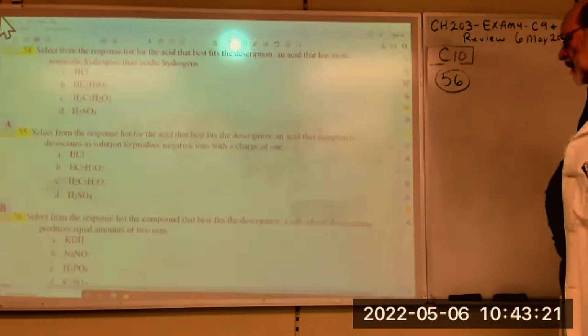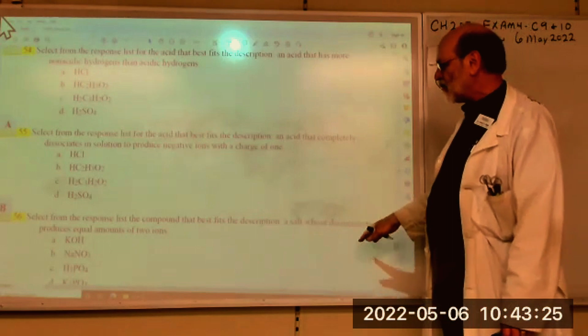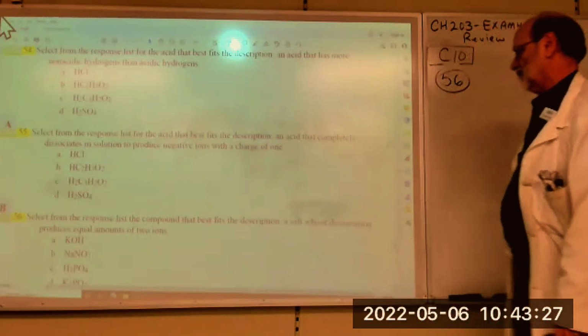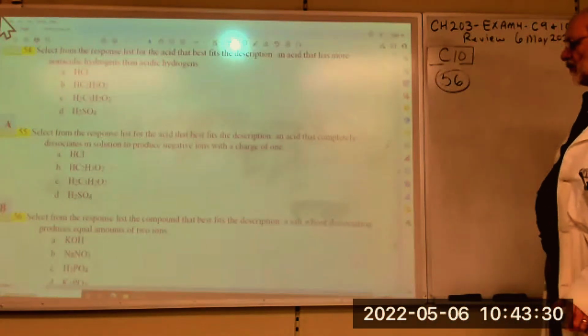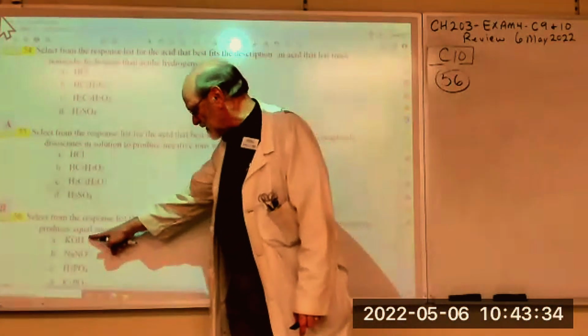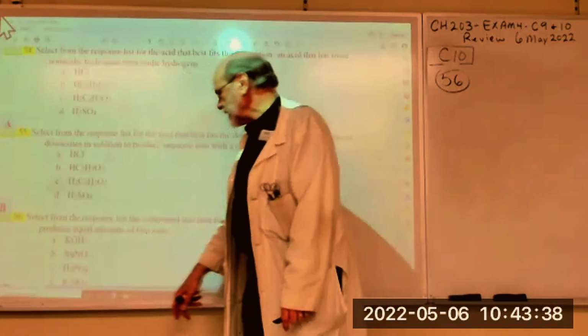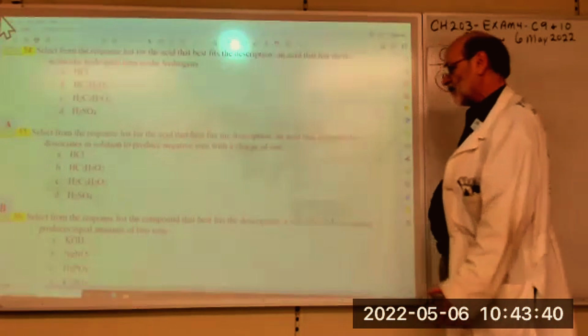56. Best fits description. A salt whose dissociation produces equal amounts of 2 ions. A salt. So we look for the salt. That's not a salt. That's not a salt. That's a salt. That's a salt. Which one produces equal amounts?